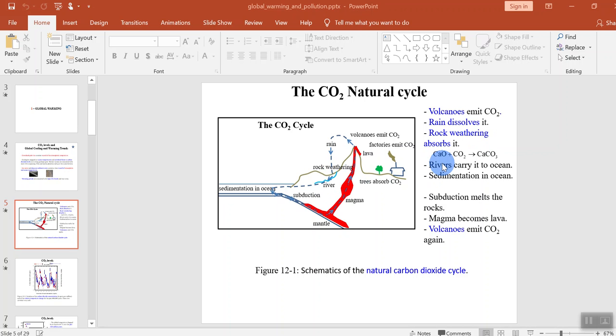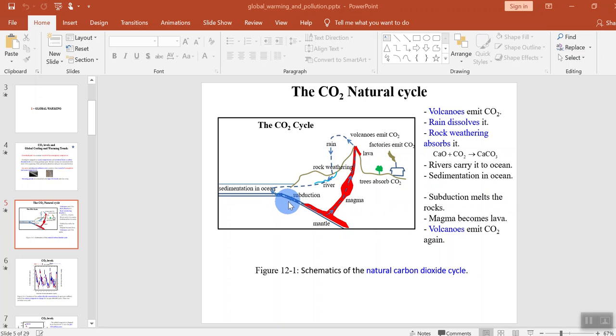This is the chemical reaction: calcium oxide plus carbon dioxide gives calcium carbonate. This is a rock. Rivers carry these dissolved rocks to the ocean. Sedimentation in the ocean. And then from there on, it's geology.